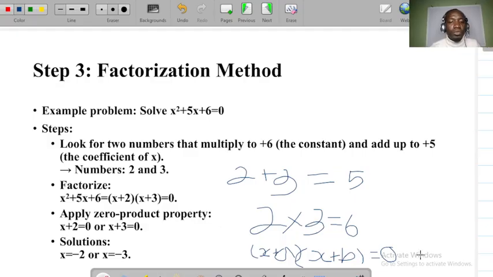That is according to the zero product property.